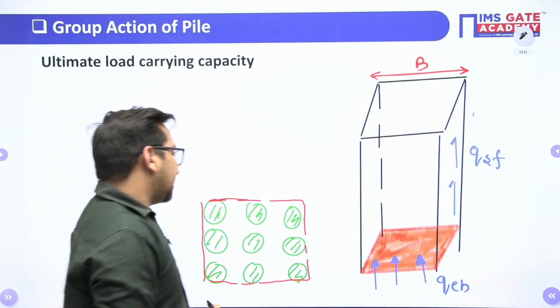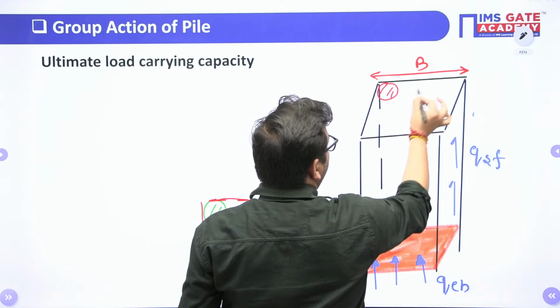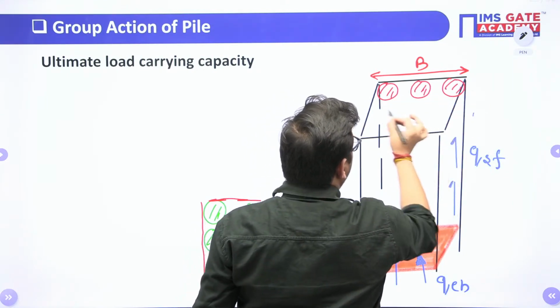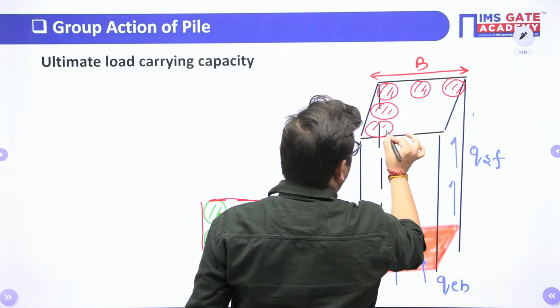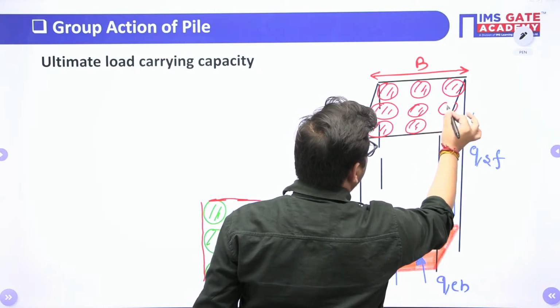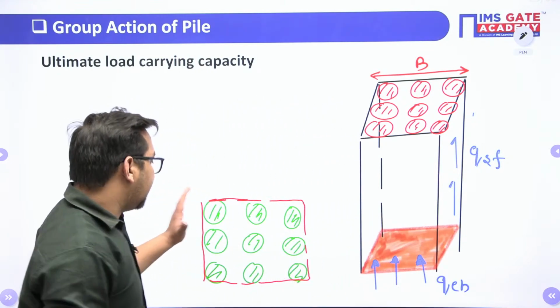So let's suppose there are different piles. This is one pile, second pile, third pile. Let's suppose this is my pile foundation. All the piles have the same size. Clear? So all these are your piles.